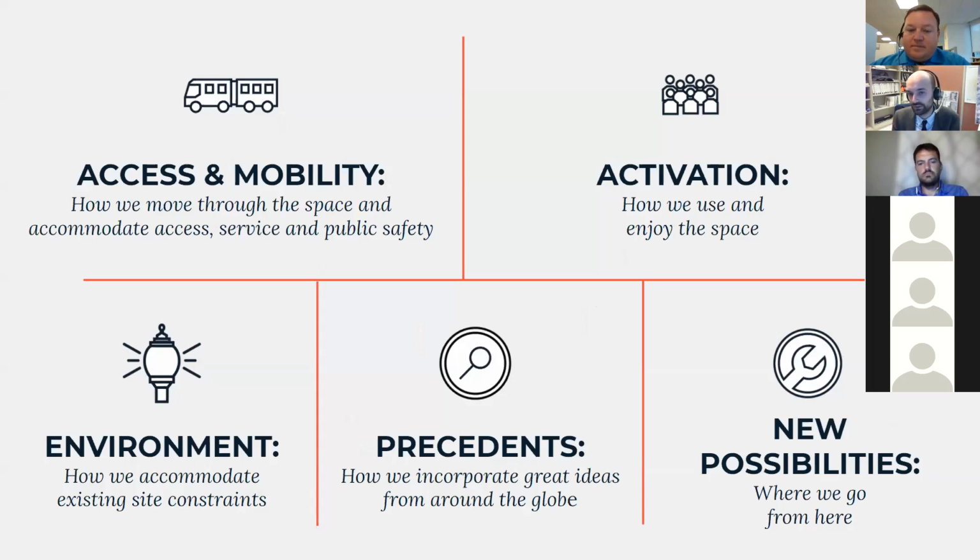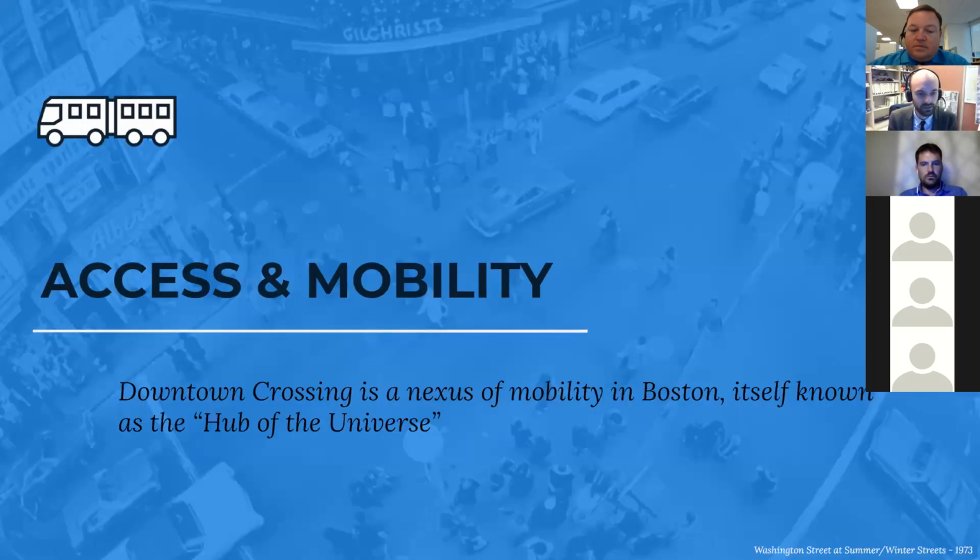Activation, which is how we use and enjoy the space. Environment, which is how we accommodate the existing site constraints. Precedents. So we're going to look at how we can incorporate great ideas from other peer cities around the globe. And then finally, the new possibilities, where we go from here, kind of these early ideas about how we might be able to reimagine a couple of the streets in this study area.